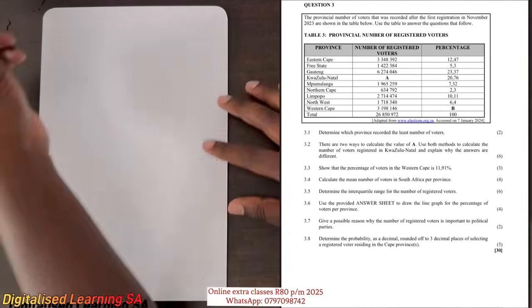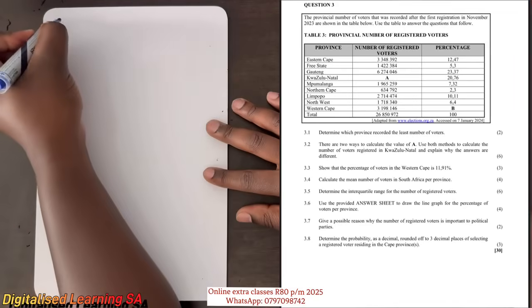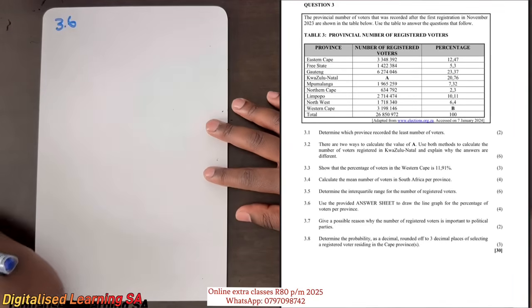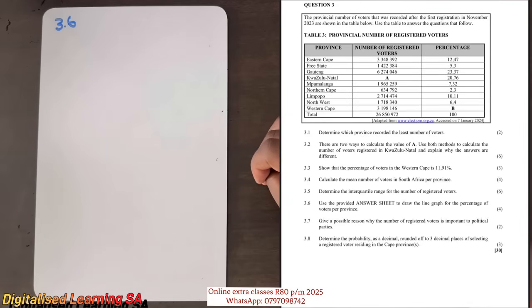So now we are going to move to question 3.6. Question 3.6 is that use the provided answer sheet to draw the line graph for the percentage of voters per province. For the percentages, meaning that we are going to use the percentages column.